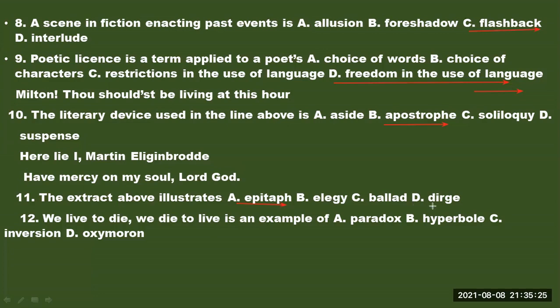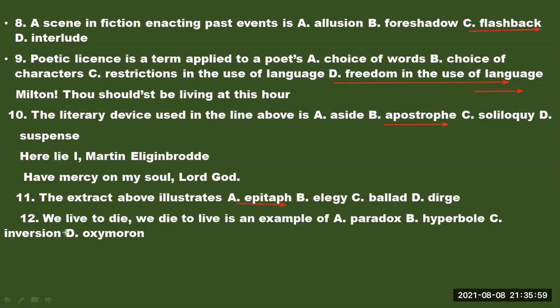And a dirge is similar to an elegy, but it can be performed like a song, and it is also a poem meant for a funeral when someone is dead. So these are different types of poems, but an epitaph is more relevant to the graveyard.